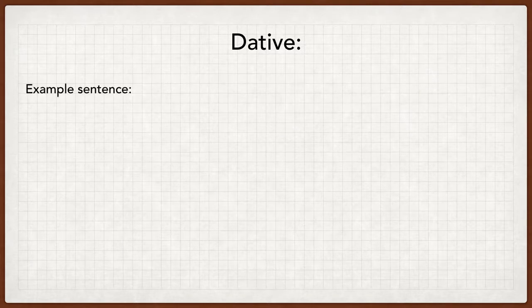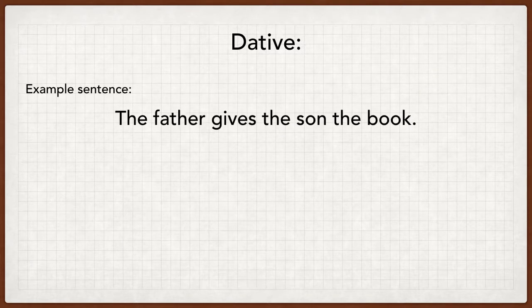And once again, here we have an example. The father gives the son the book. And you also can say in English, the father gives the book to the son. But I didn't want to use that sentence because the Yiddish sentence is going to be the exact same as this sentence here on the screen.